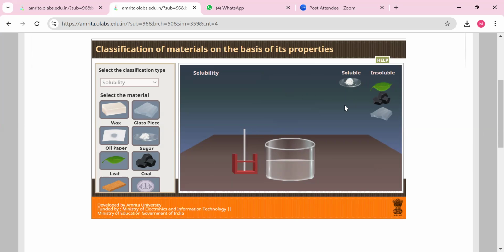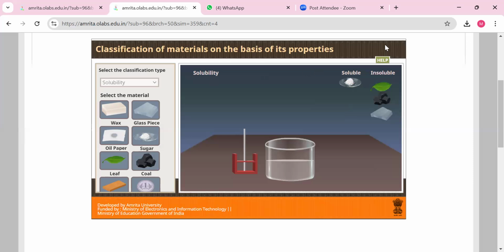From this simulation, we can observe the solid state and liquid state materials, how they are soluble and insoluble, and the hardness of the material and floating and sinking.